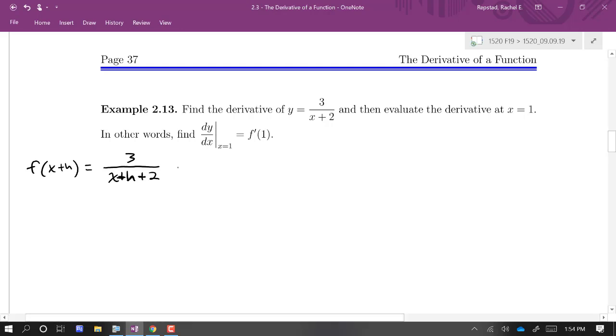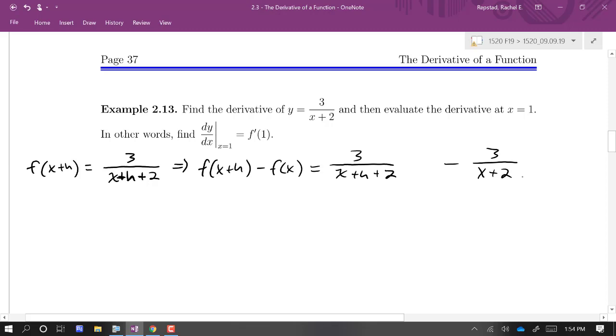So now, if I want to find f of x plus h minus f of x, nothing cancels. I'm not subtracting the same terms.